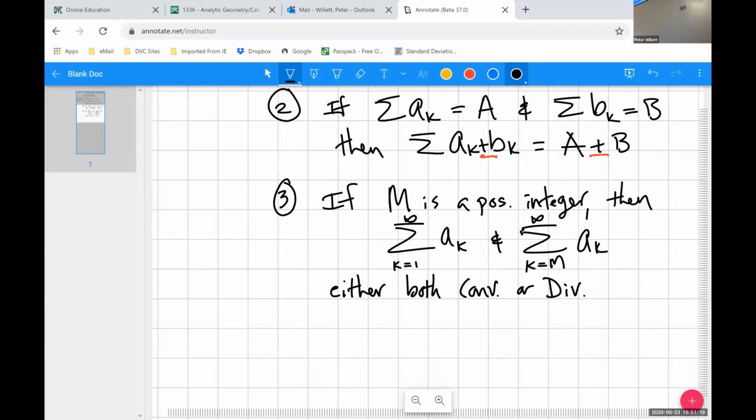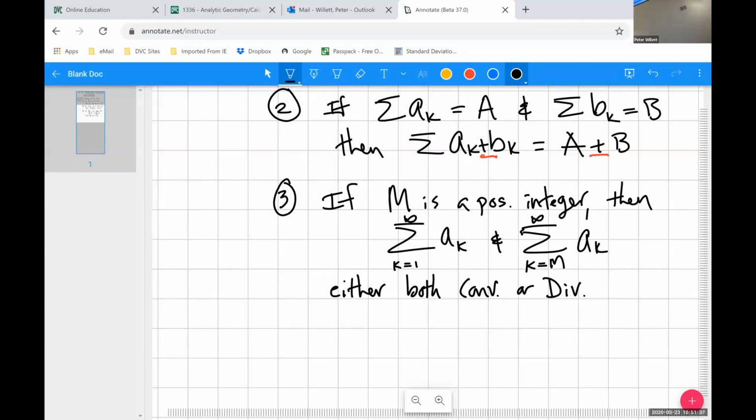So the idea being that whether a series converges or diverges depends on what's going on as you head off toward infinity, not what's going on in the beginning.